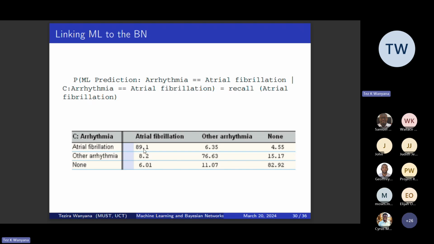So it's not exactly 100%. And likewise for the rest of the nodes, since we can't say the machine learning component is 100% accurate, what we have in our Bayesian network has to rhyme with what we are receiving from the machine learning. That is why we use the recall values to obtain the conditional probabilities.